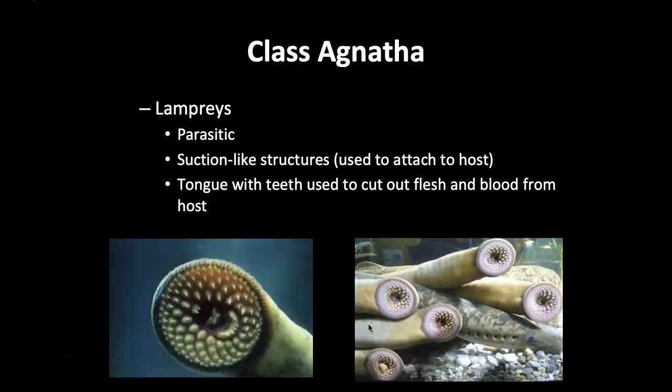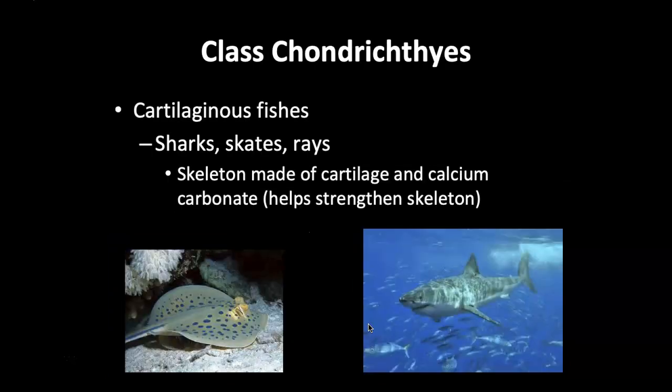And what they have inside that mouth is a tongue with several teeth on it, used in order to basically cut a fresh hole out of their host, and then take blood from their host in that way as well. So lampreys and hagfish are going to be our members of Agnatha.